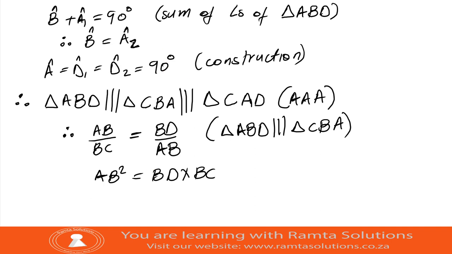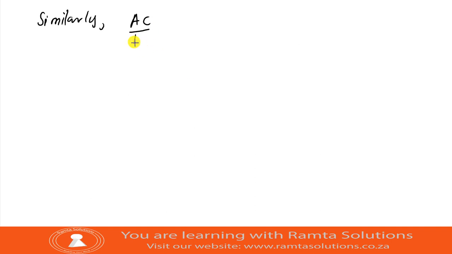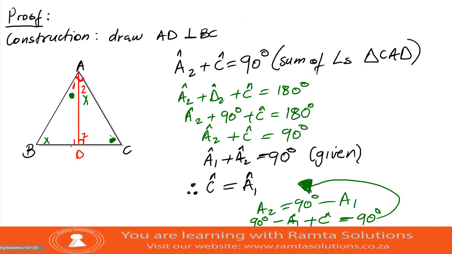So AC over BC, or CB, it doesn't matter, is equal to another side that I can compare it with. Maybe let me compare with DC. Yeah, I'm going to compare with DC, or CD.